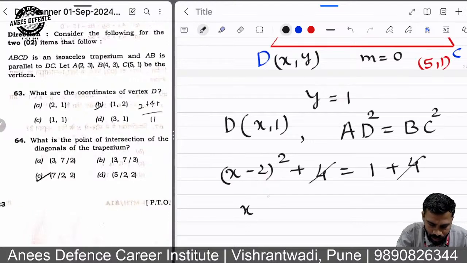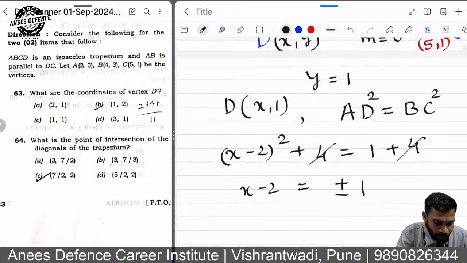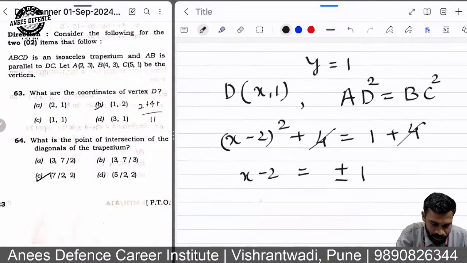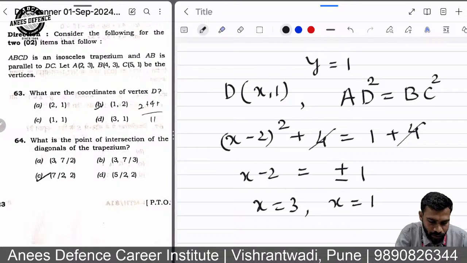So from here, x minus 2 will be equal to plus minus 1. So if you take positive sign, x will be 3. If you take negative sign, x will be 1. So either it could be (1, 1) or (3, 1), right?